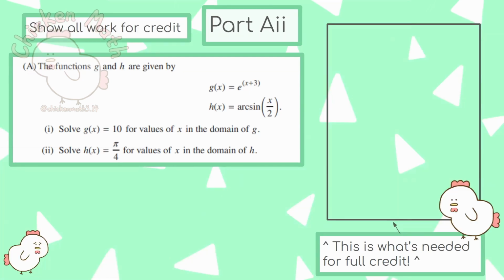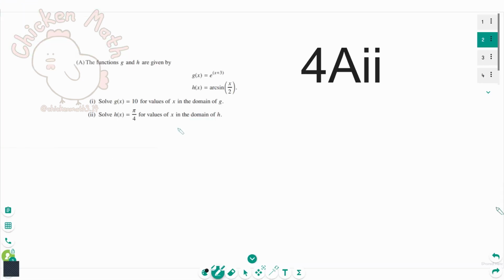All right, so now we're going to solve part 2 of question A, which is solving for h of x equals pi over 4 for the values of x in the domain of h. Okay, so we know that h of x is equal to pi over 4, and we also know that h of x is equal to arcsine of x over 2.